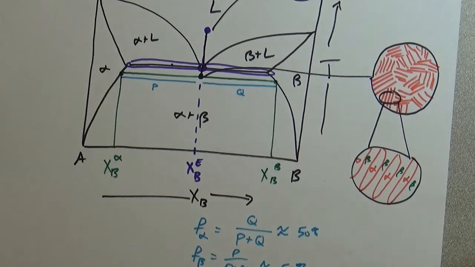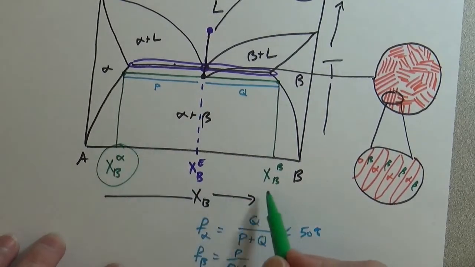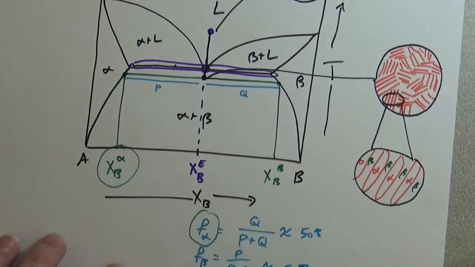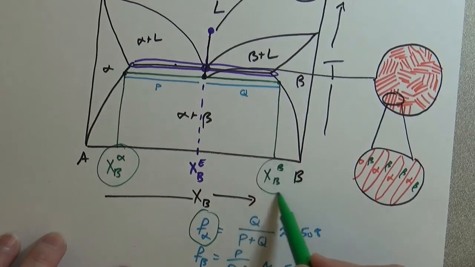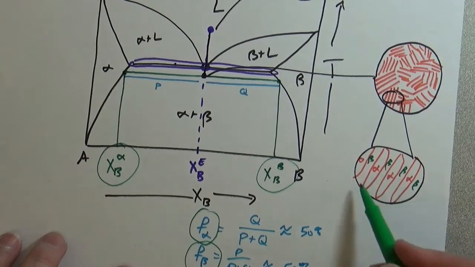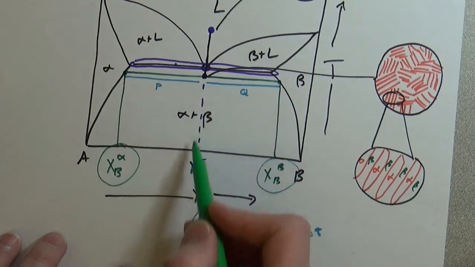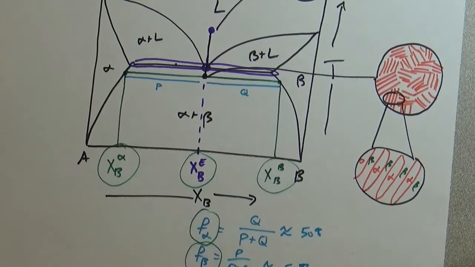Now, we know the composition of the alpha, and we know the fraction of alpha. We know the composition of the beta, and we know the fraction of the beta. And that can tell us the total composition of the system, but we also know the total composition of the system is right here. You guys can do this at home, and in fact I encourage you to do that because you'll learn a lot.